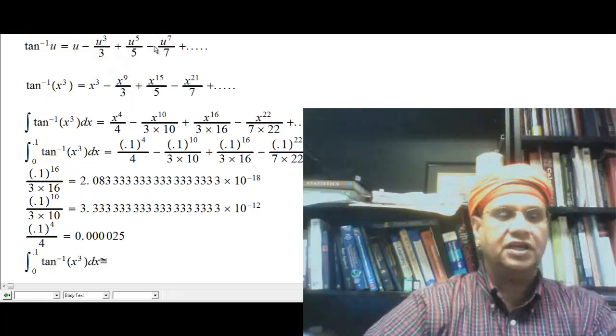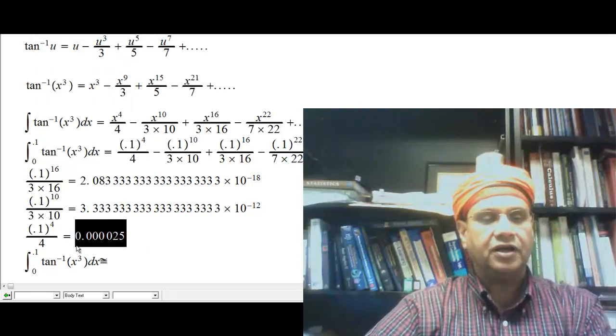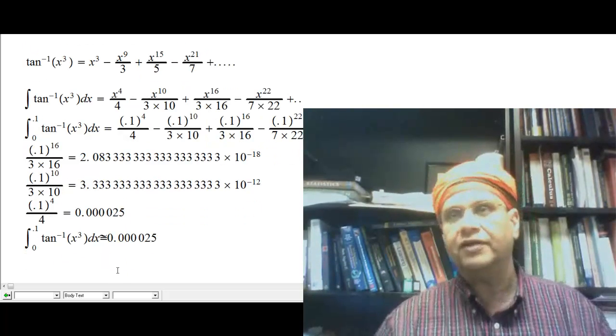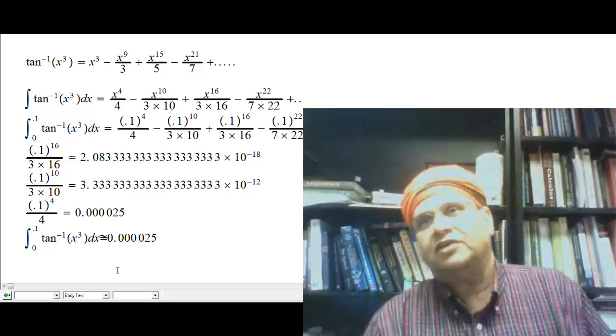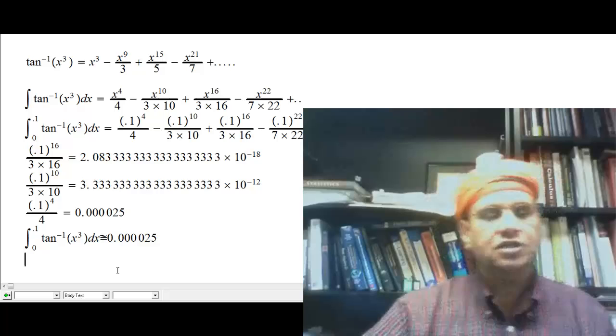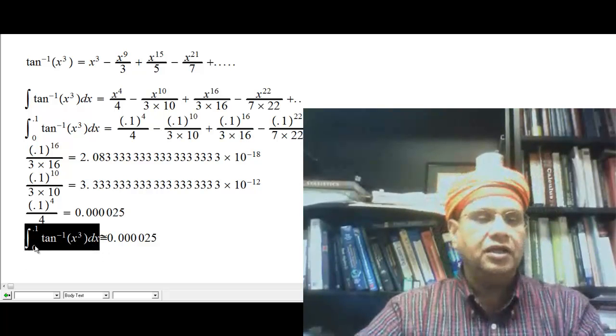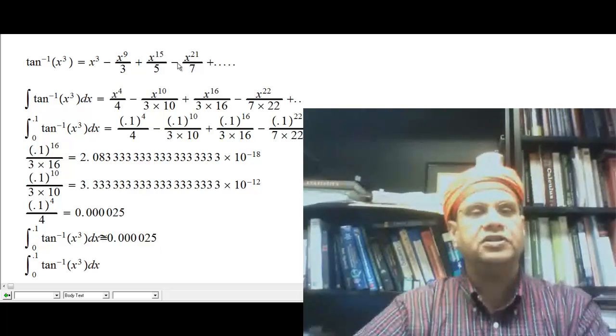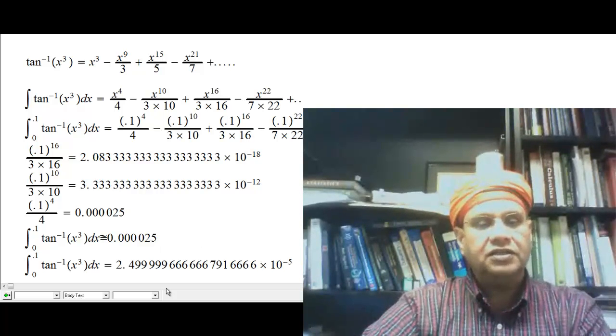We can say this is approximately just the first term, like sine of x is approximately x near 0. So this value is approximately this, and you can have the computer or your calculator compute this as well.